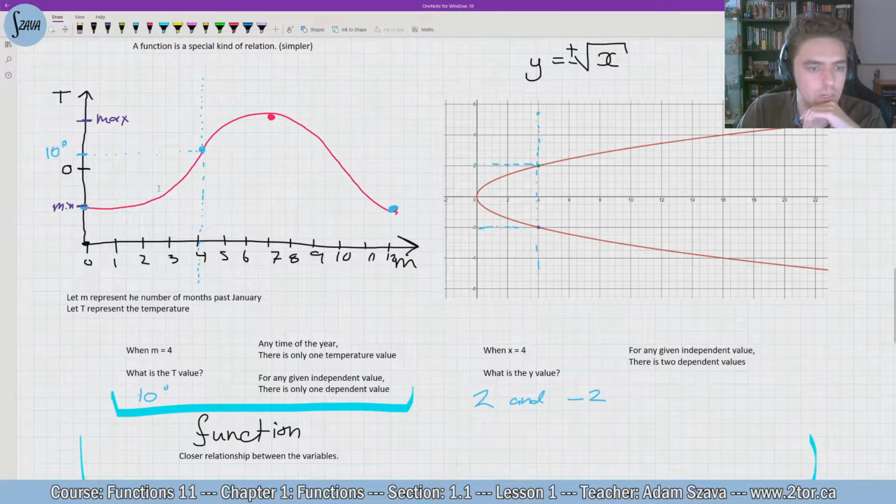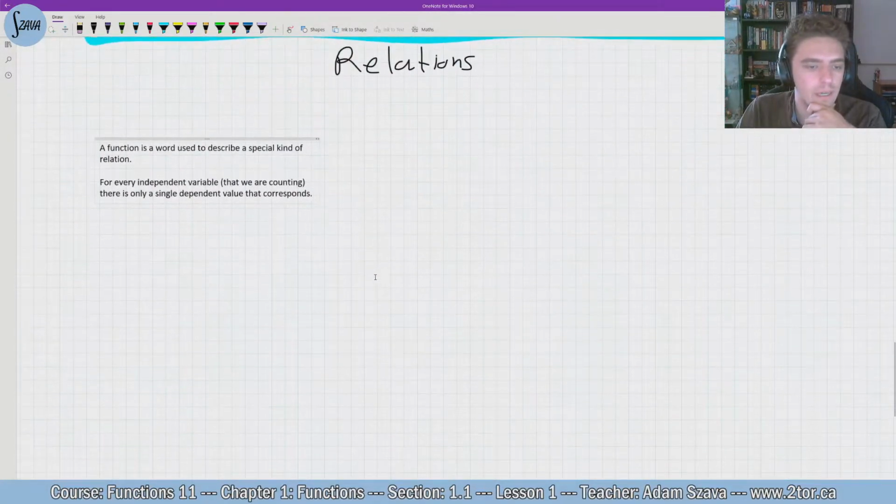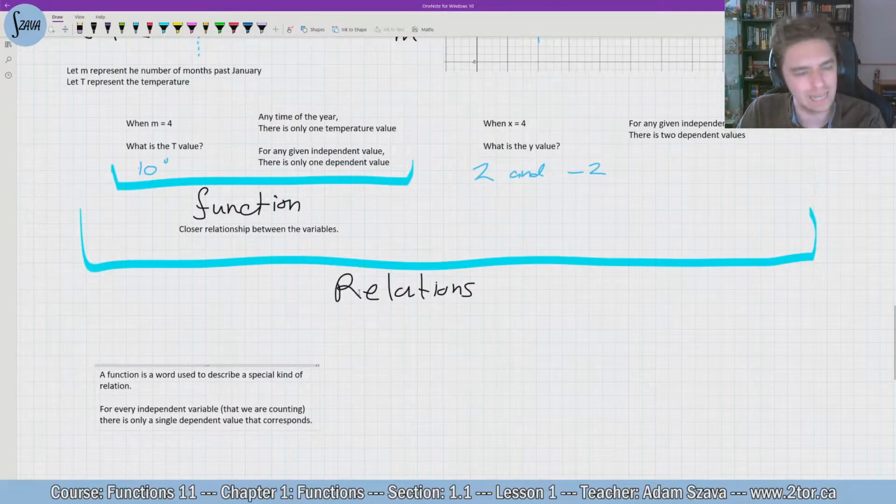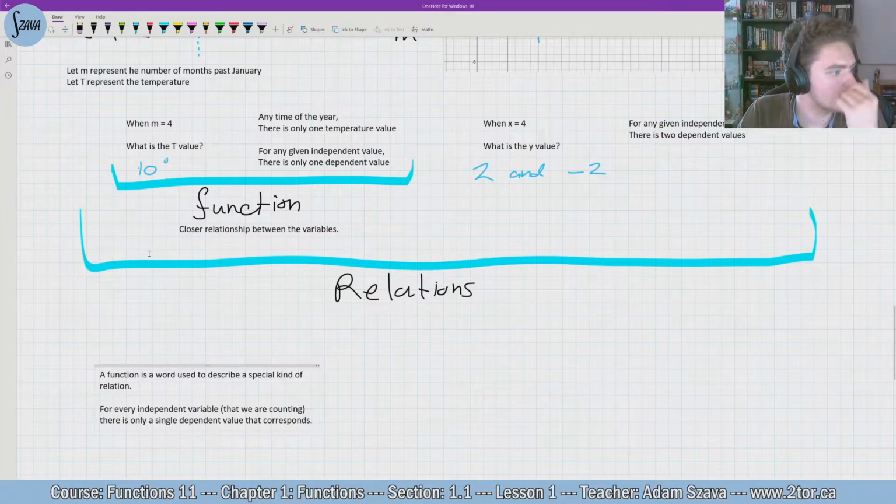So the corresponding y value to 4 is 10. The corresponding y value to 4 is 2 and negative 2. So there's not one corresponding one here. The corresponding y value to 7 is the maximum, let's say 40. So I use corresponding a lot. And that'll make more sense in the next lesson, because we're going to talk about more specific ways to think about functions.